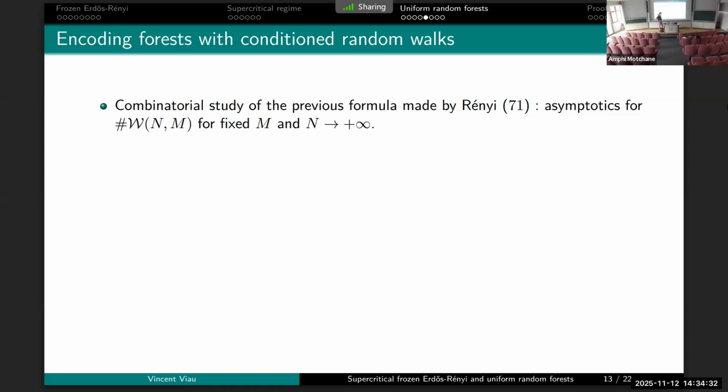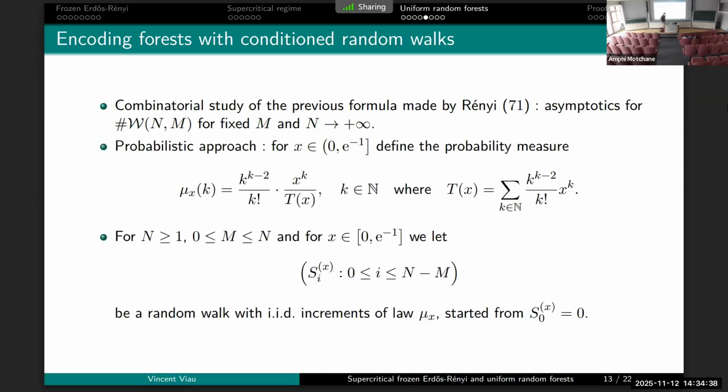And one way to do this is to have some probabilistic approach and to encode uniform forests with random walks. Because here you want both m and n to be large. Yeah, exactly. Okay, what I'm going to present right after is that you have a similar phase transition when m approaches n over 2 again. So we want exactly m and n to go to infinity simultaneously.